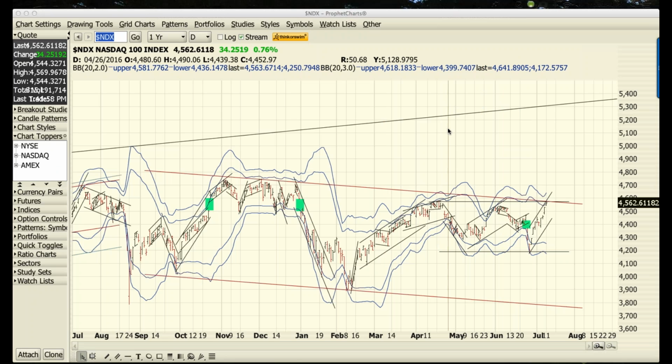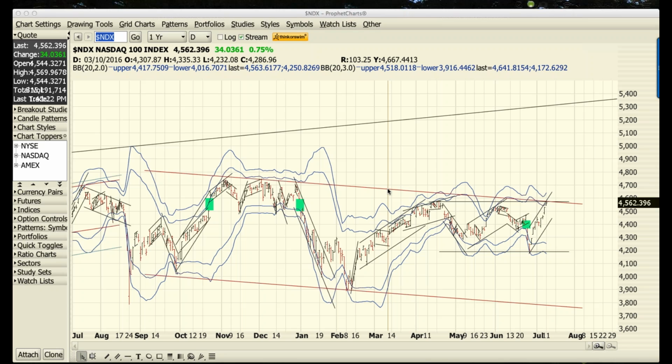All right, so I'm on a 1-year daily bar chart on NDX. And I still see that we are in an overall declining channel. And this red channel has been in place for quite some time. We've talked about this before on other bar chart reviews.